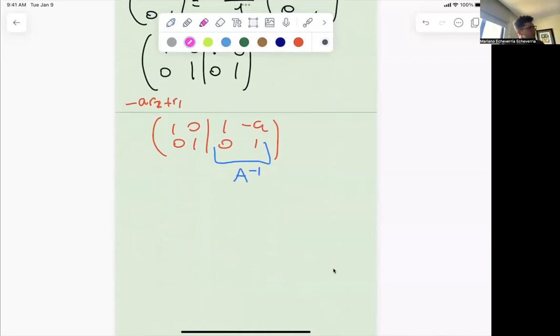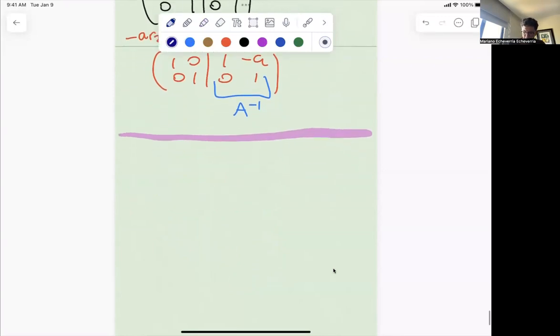Let's see. So the other one, I don't know if you had seen this one as well, which is similar to one of the earlier problems that I just did.